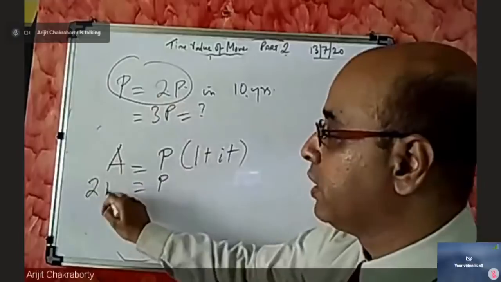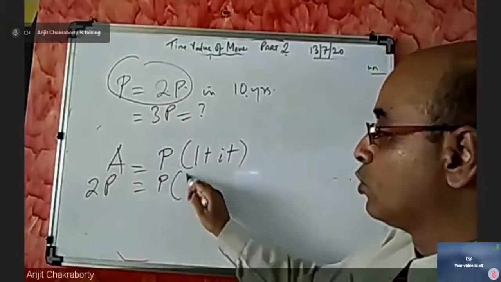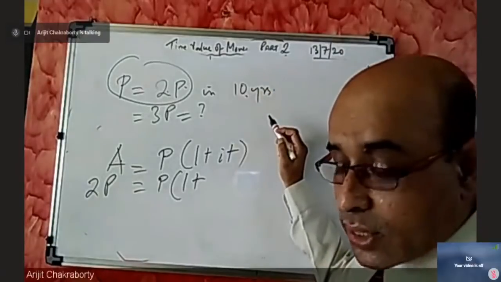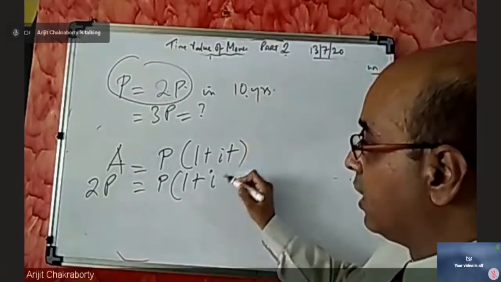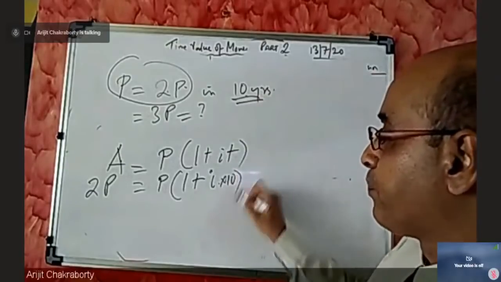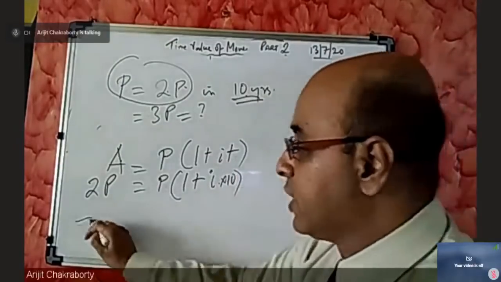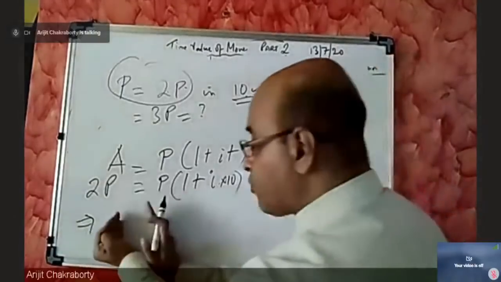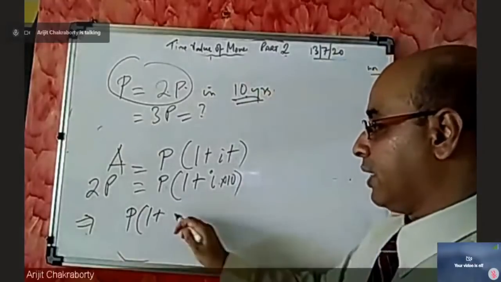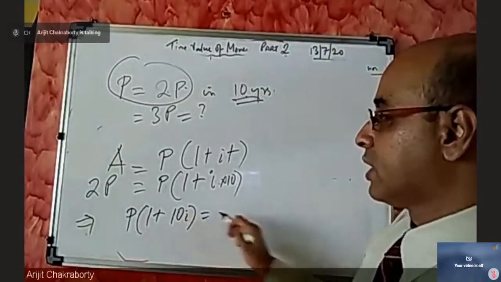So I write 2P is equal to P into 1 plus interest rate. Interest rate we don't know, so we write I here. But the time is given. The time is 10 years. So I into 10. Right? So this means, let me write this part first. P into 1 plus 10I. This is equal to 2P.